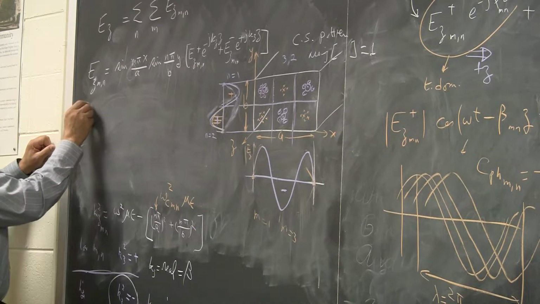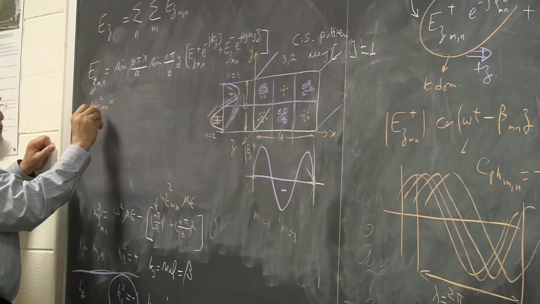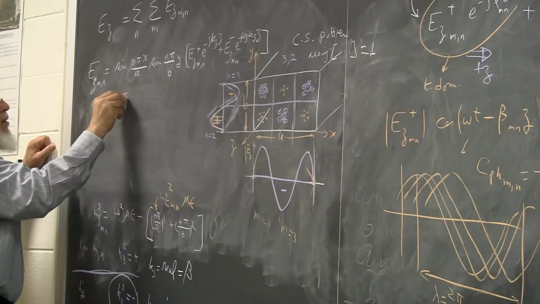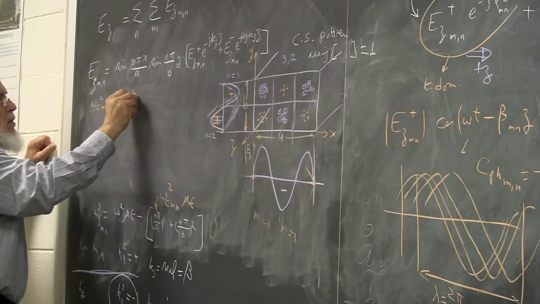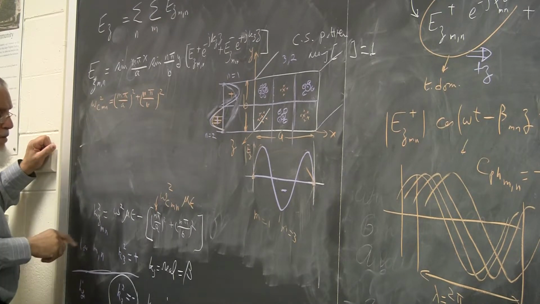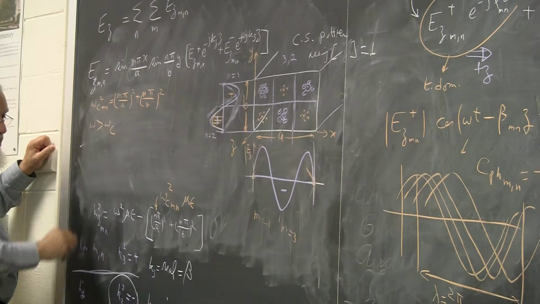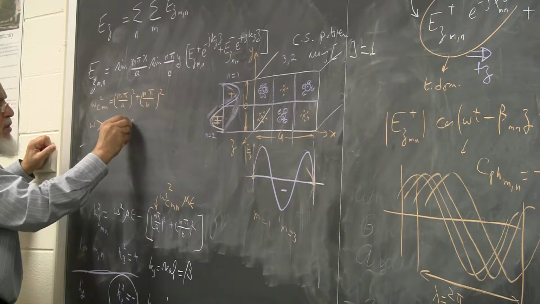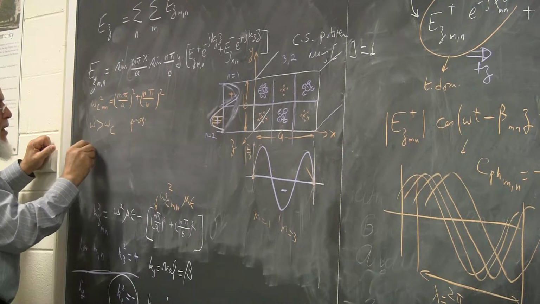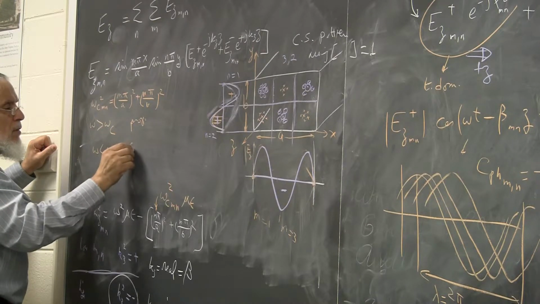So defining omega sub c squared mn as m pi over a squared plus n pi over b squared, then I can simply write: if omega is greater than omega sub c, I have propagation, and if omega is less than omega sub c, I have cutoff.